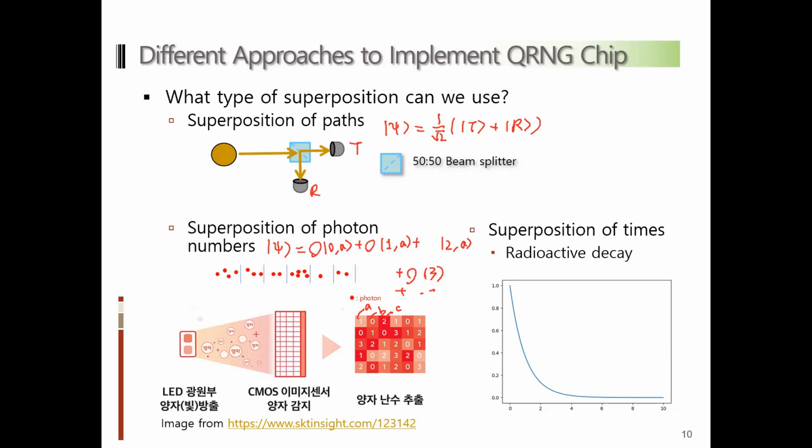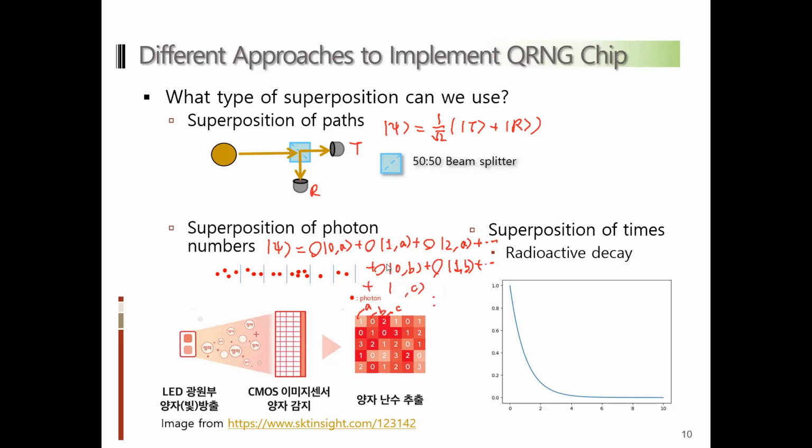There will be different amounts of superposition in front of that, and these are the summation of the A case. Then there will also be other cases, like zero photons on the B pixel, and then one photon on the B pixel, and so forth. So there will be a lot of them, and then C and D and so forth.